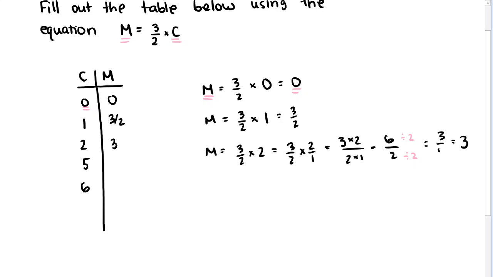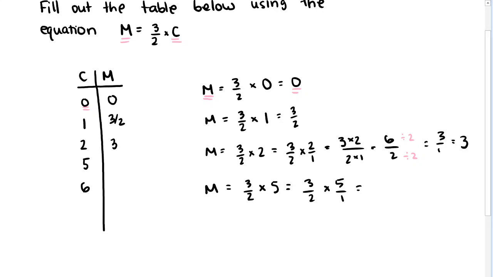So here, if we have C is equal to 5, well, we can compute M by taking the same approach, right? So replacing C with 5, we would rewrite 5 as 5 over 1, because 5 divided by 1 is still 5. There's no difference between what we've written in these two different parts of our long equation.